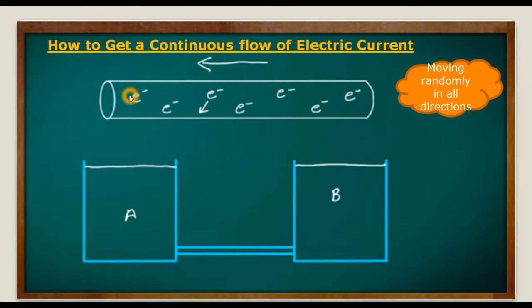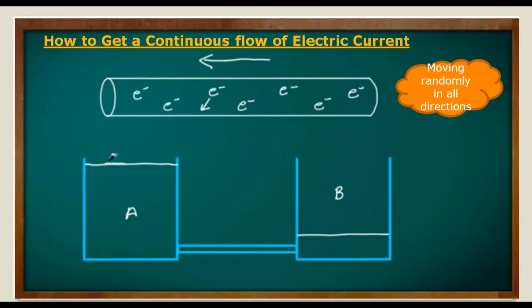Now, if we want to make the water move, what do we need to do? We need to create a difference of water level, right? Suppose some water is removed from beaker B. Suppose now the level of water in beaker B is this. It means beaker A has more water and beaker B has less water.